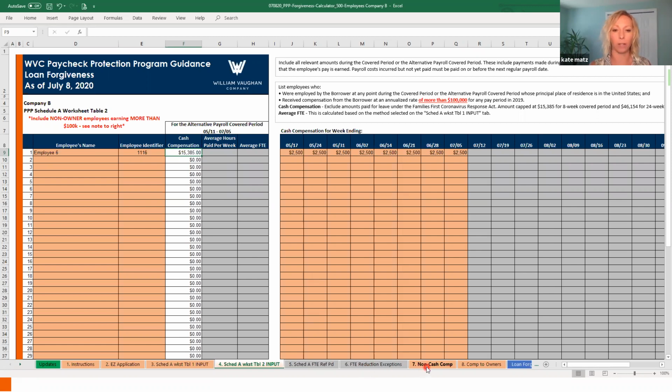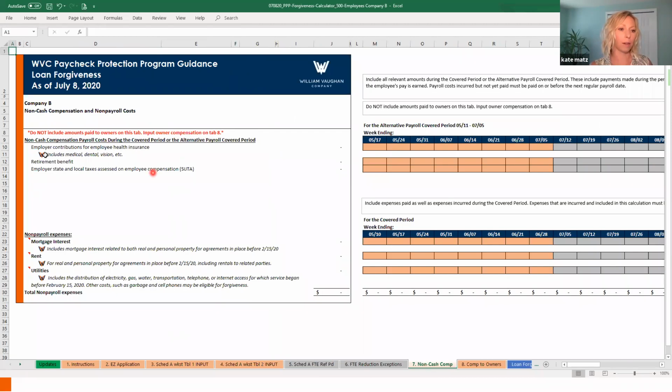Move on to 7. So 7, we're looking at the non-cash compensation payroll cost. So the health insurance, retirement benefits, and SUTA paid by the company. And let's assume that they've got $5,000 of health insurance they paid during the period, $2,000 of retirement, and another $1,000 of SUTA that was paid during the period.